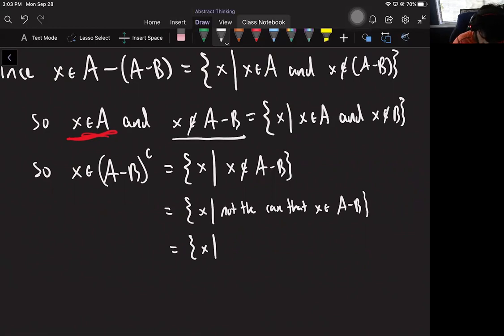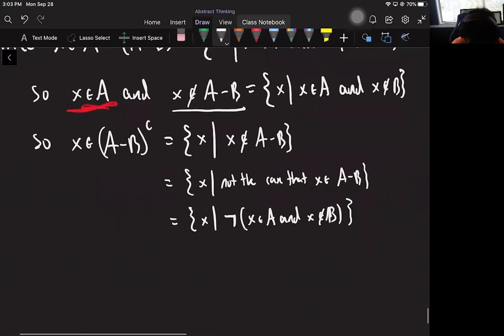So then it's the negation of X being in A and X not being in B. That's what I want to say. Because that's what it means to be in A minus B. It means it's in A and not B, but I'm saying it's not in there.